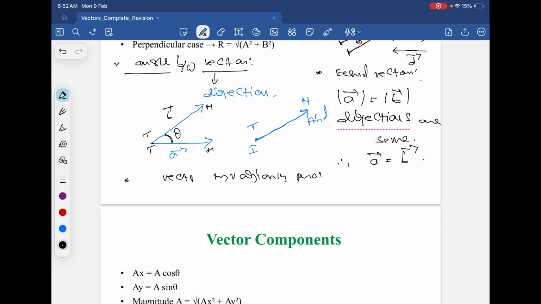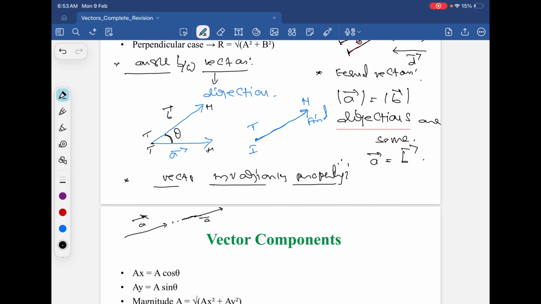So what is the vector invariancy property? A vector can be shifted from one point to another point without changing magnitude and direction. For example, when vector A bar is here, I can shift this vector parallelly in this way. Direction not changing, length not changing, so magnitude not changing, direction not changing, the vector remains the same.